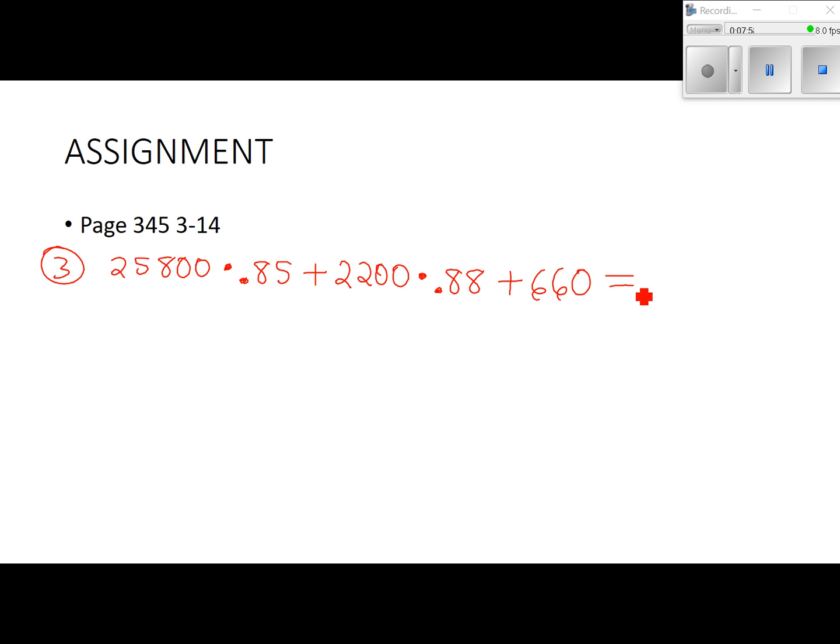Again, you plug all that into your calculator, and it'll give you the dealer's cost.